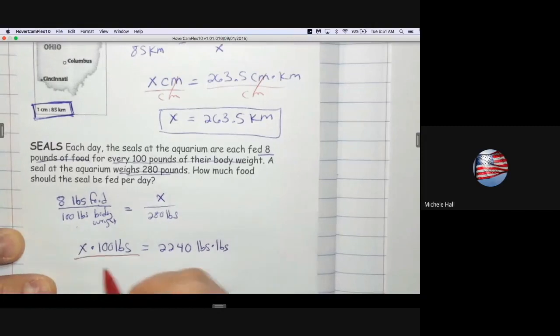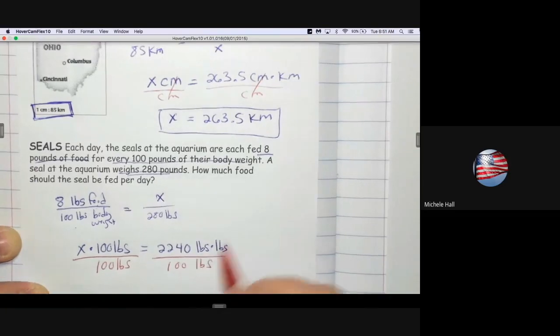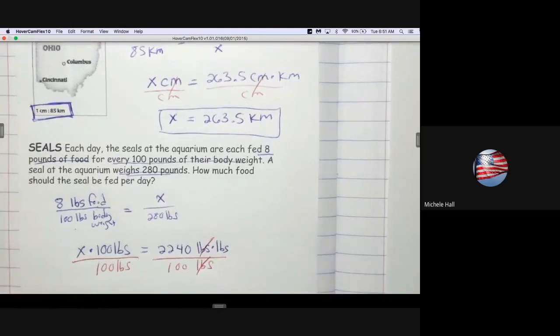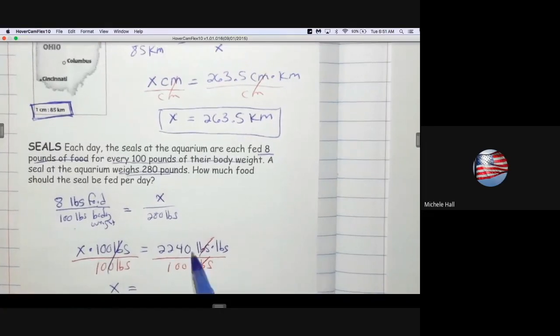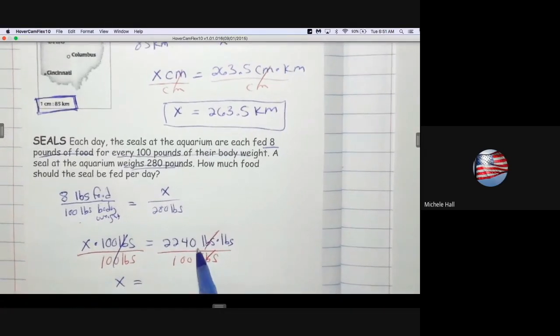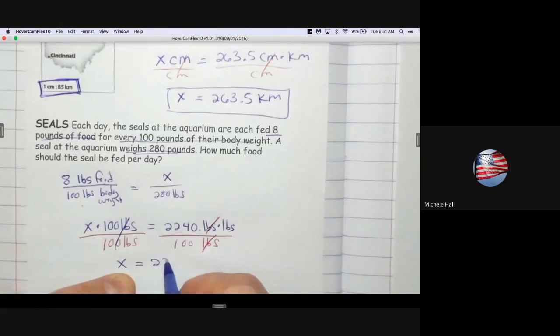Divide out 100 pounds. We can see that one of these will cancel. We get X equals, dividing by 100 just means moving the decimal place twice. So 1, 2, that would be 22.4 pounds.